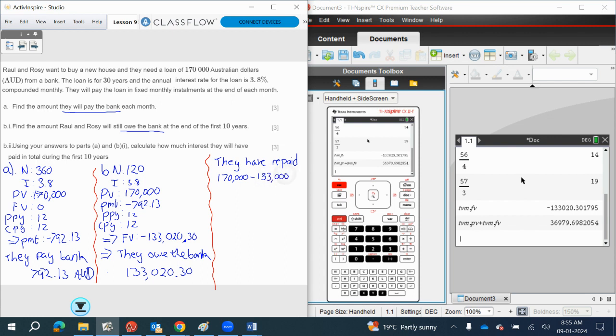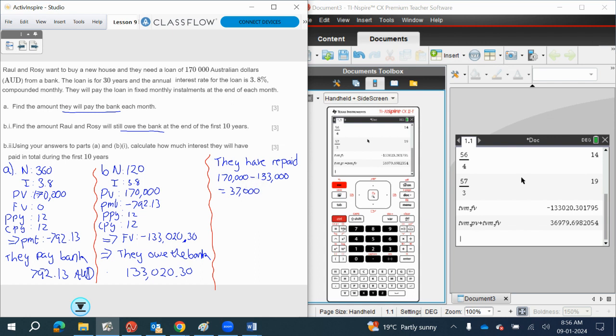So I'm writing in three significant figures, but I'm calculating exact, as we always do. So they have repaid, what is this in three significant figures? It's 37,000, isn't it? I'm just going to round up. This is how much they've repaid.